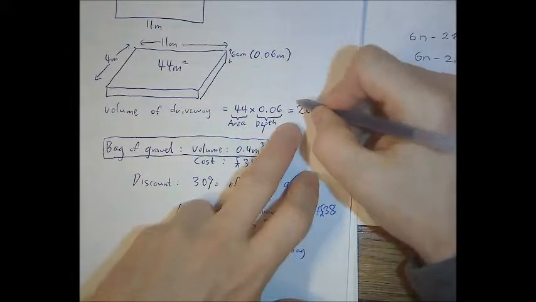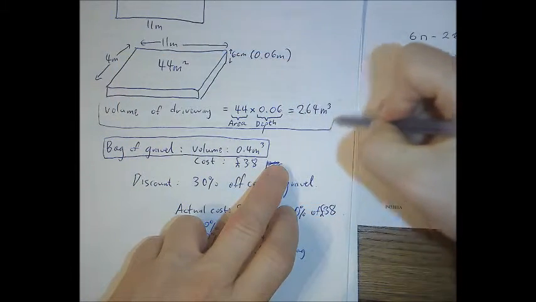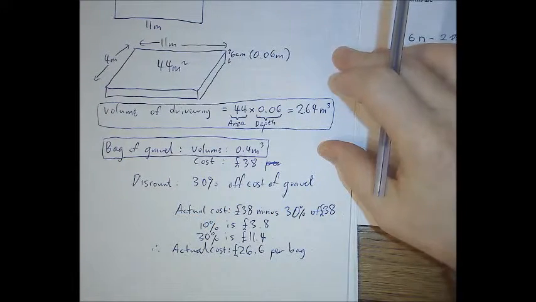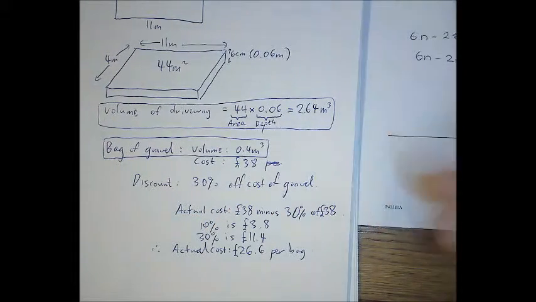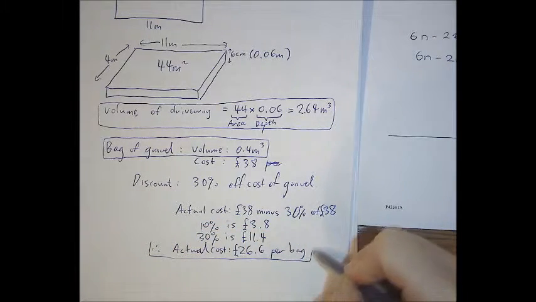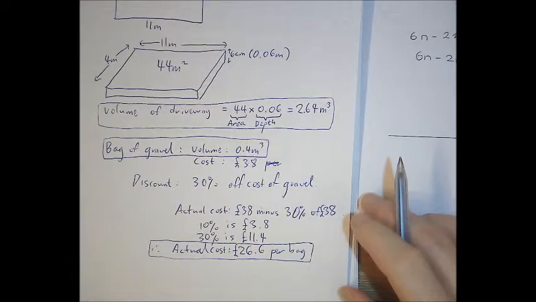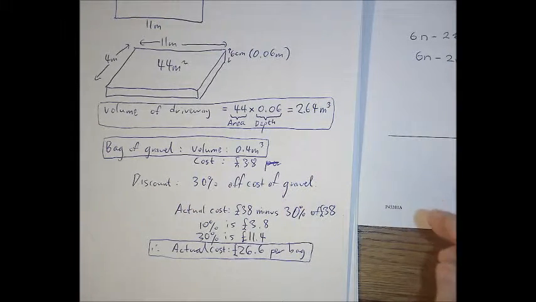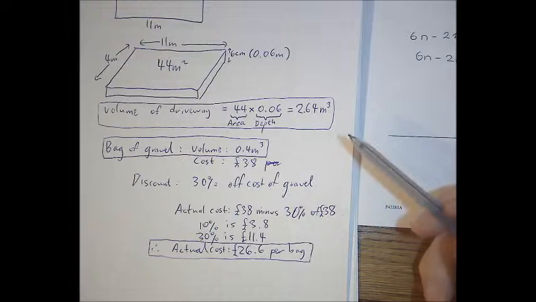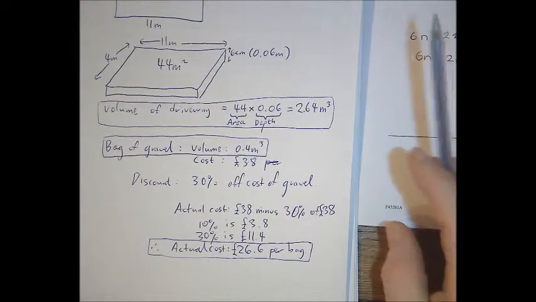The volume of the driveway is 2.64 cubic meters, and the actual cost of gravel is 26.6 pounds per bag. Everything else on the page is just working to get to those figures. So they're the main three figures that I want, which is why I put them in boxes.